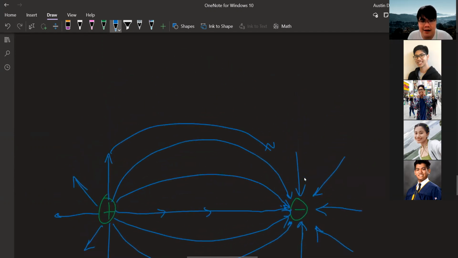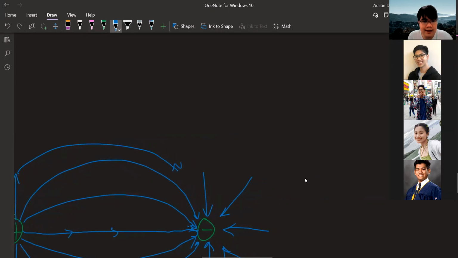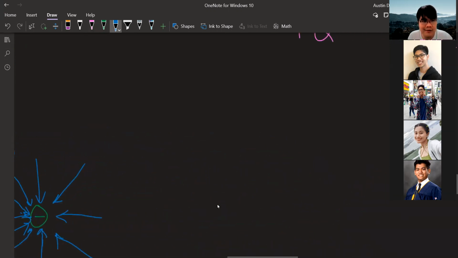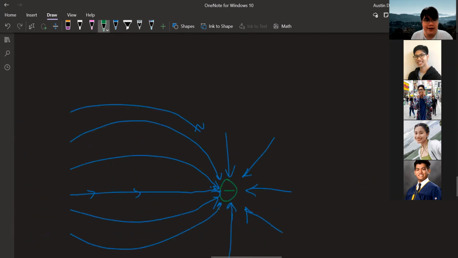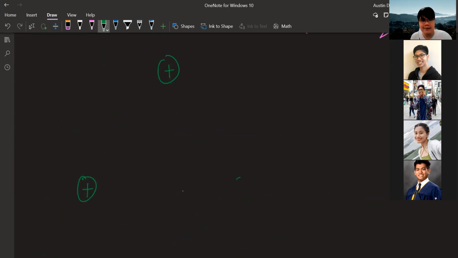Kapag meron kang positive and negative. So, merong mga application ata sa internet wherein you can see electric field lines. Siyempre, 2D lang yung kaya natin i-drawing for a flat surface. Pero in fact, they are 3D. And may mga images sa Google kung curious kayo. Okay, let's have another example.